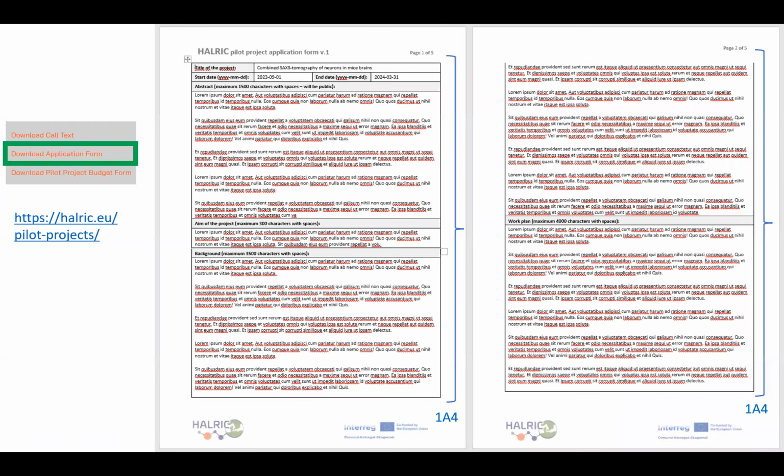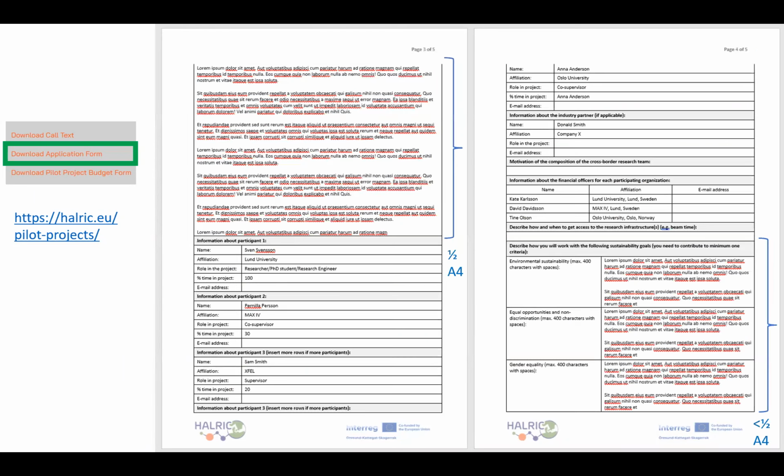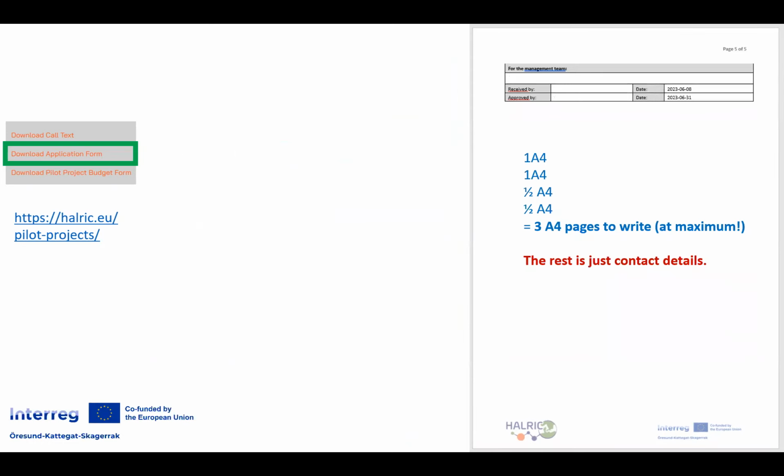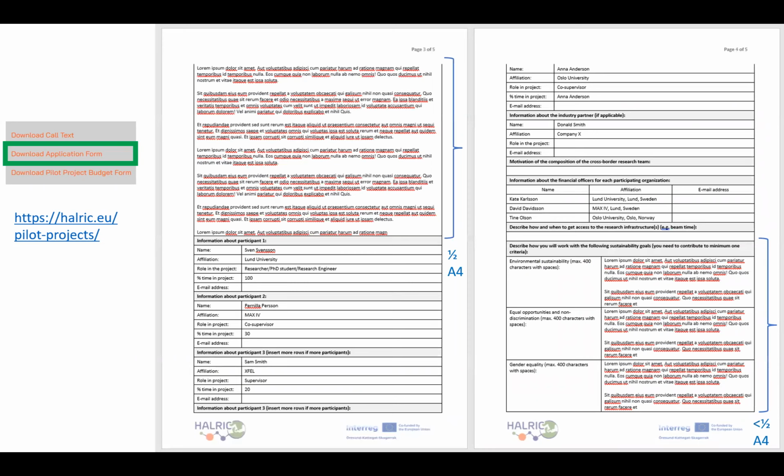And if we take a look at the application, which can also be downloaded on the web page, I have made an example here where I inserted some pseudo-Latin text. If we go through this one, we can summarize and see that at maximum, basically, one only needs to write 3 A4 pages, and the rest are just contact details.